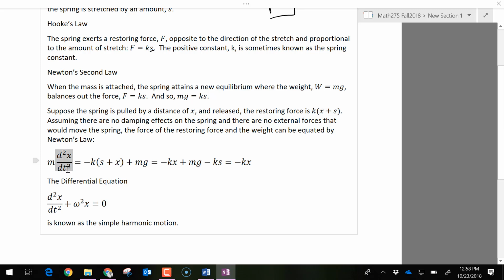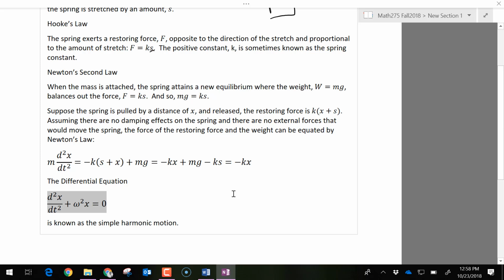And m is your mass. So in any case, we get down to this differential equation.